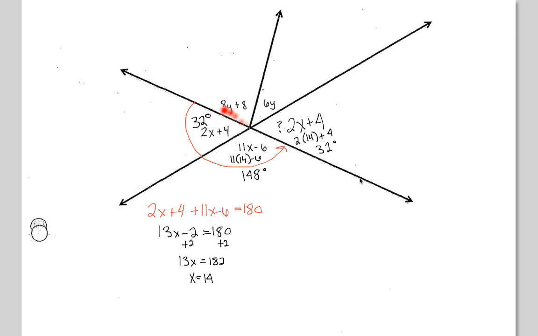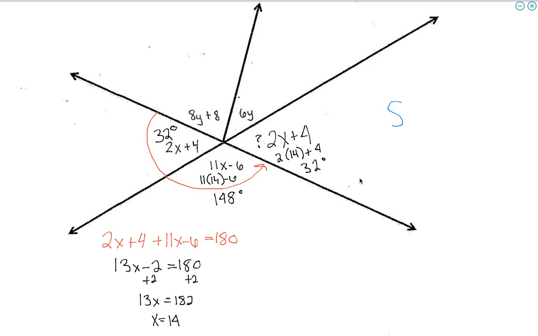I didn't even see that one at first. So we can add up these two to equal 148. We can add up these three to equal 180. Or we can add up all 5 to equal 360. So that is up to you.